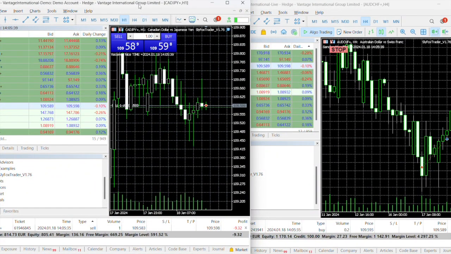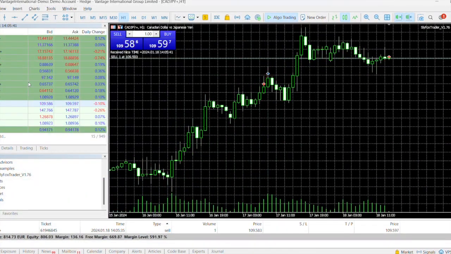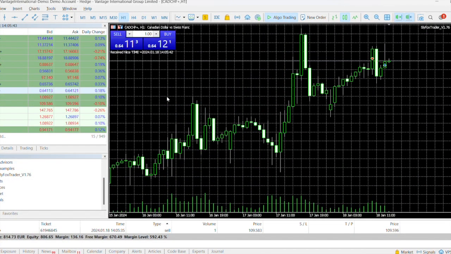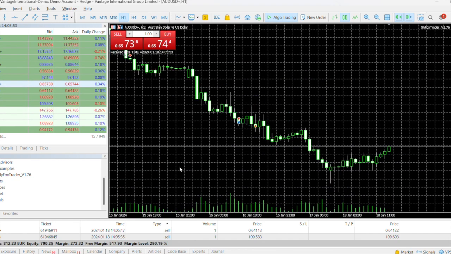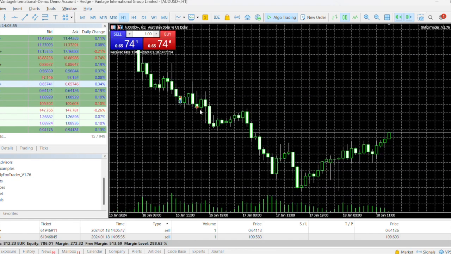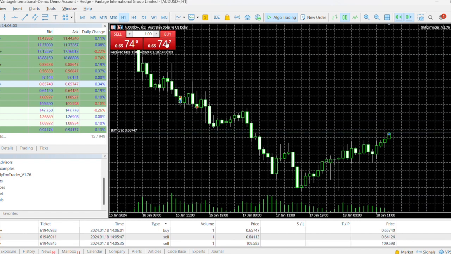Okay, got opened here. Then we will do the Canadian dollar and Swiss francs also, and maybe also the Australian dollar, US dollar. We will do, and so we have again 3 open trades.